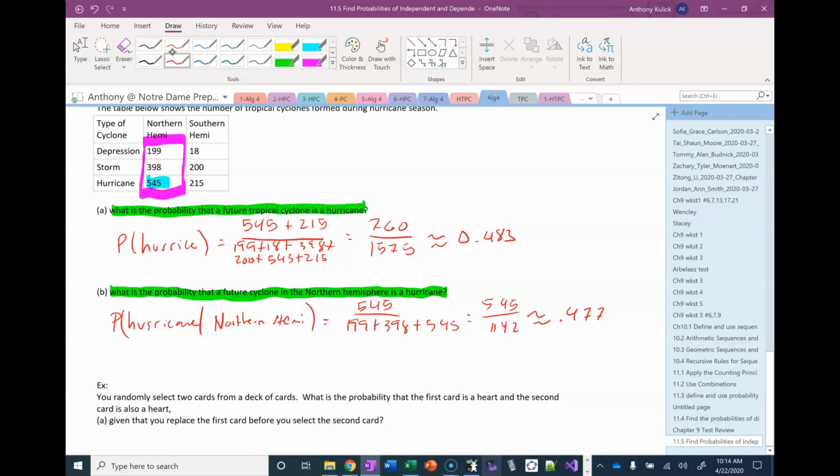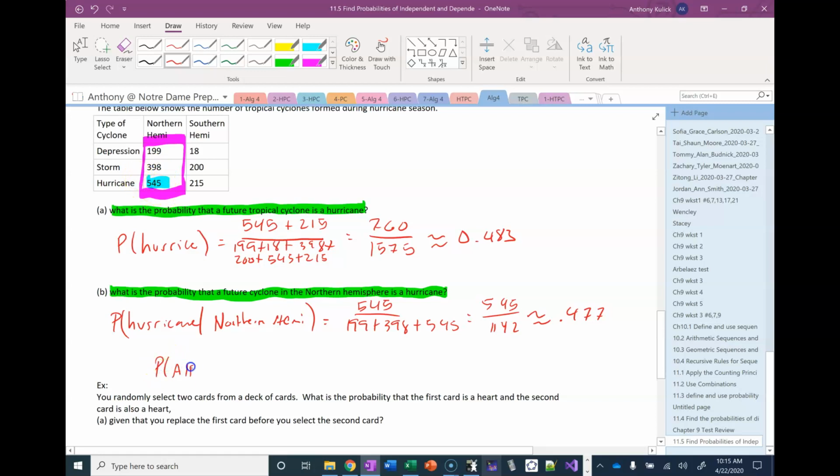Now, this particular probability is conditional, right? So we have the probability of event A given that it's in event B. So I wanted the probability of a hurricane in the northern hemisphere, right?